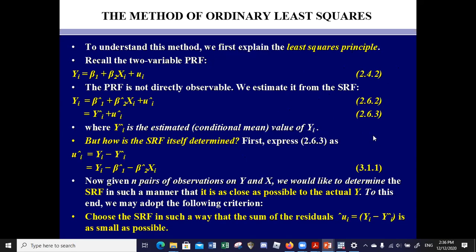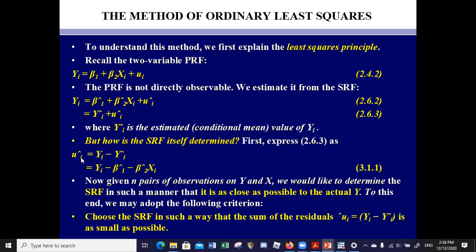So the OLS method is based on a principle that we call the least square principle, and the least square principle says that the sum of squares of the residues should be minimized if you want to get beta 1 hat and beta 2 hat. But before we discuss that, what is a residue? Residue is defined as this difference, yi minus y hat.